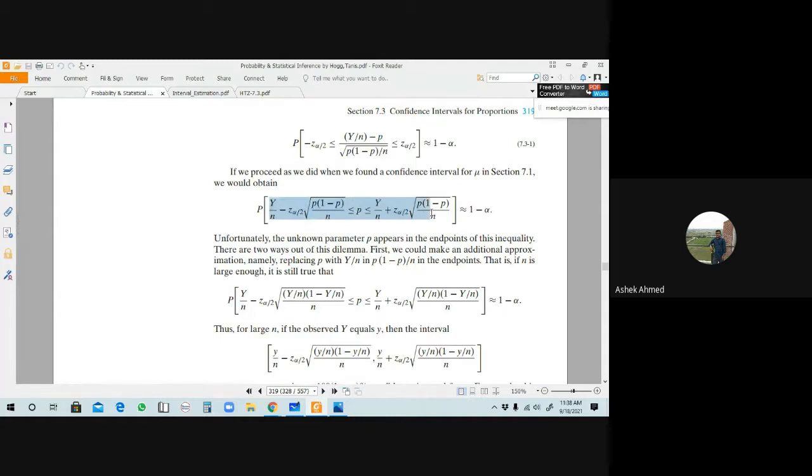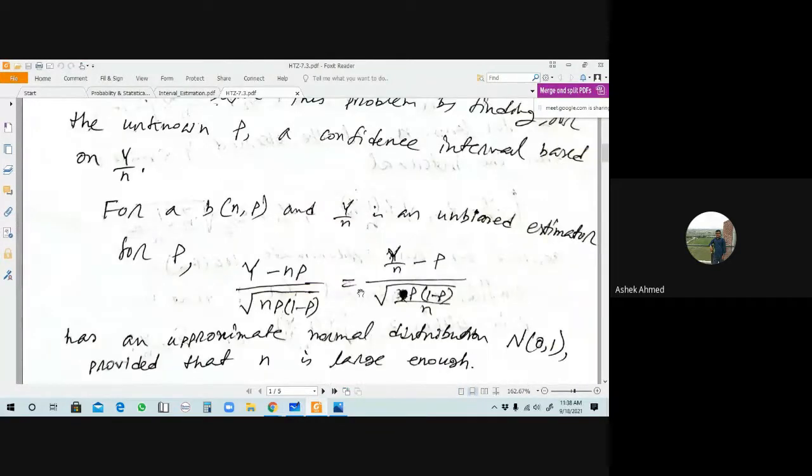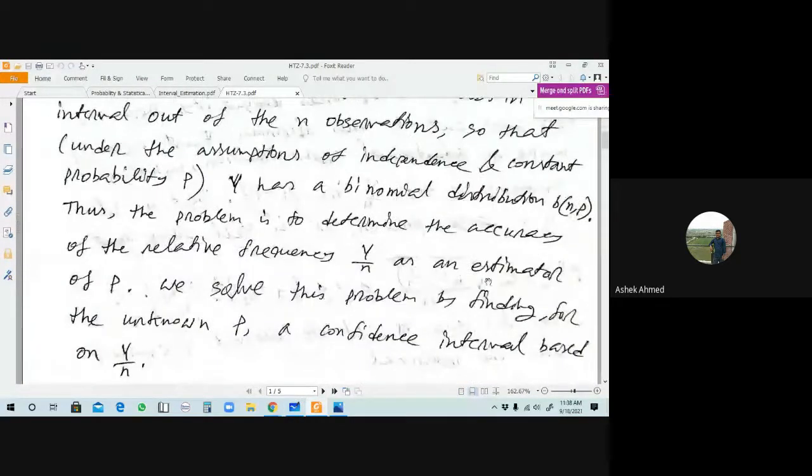But in that case, the left endpoint also contains p and the right endpoint also contains p. There is a difference between this p and this p. For distinguishing the left and right endpoints, we will replace this p by our estimate of p, which we learned from this table: the relative frequency y by n as an estimator of p.